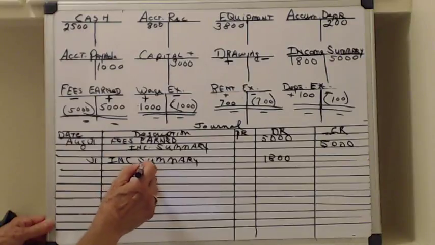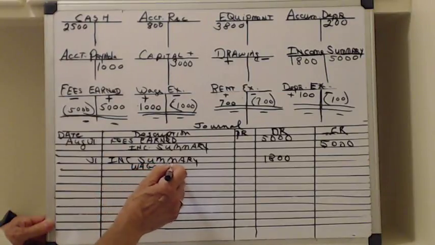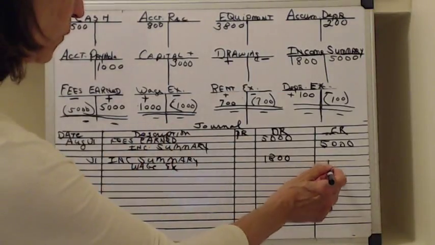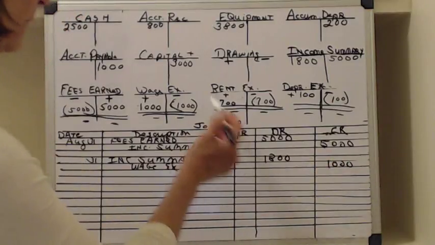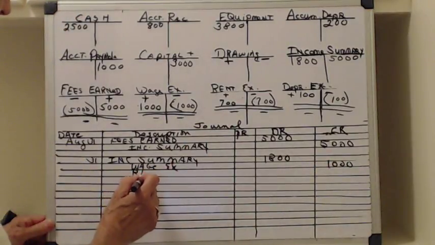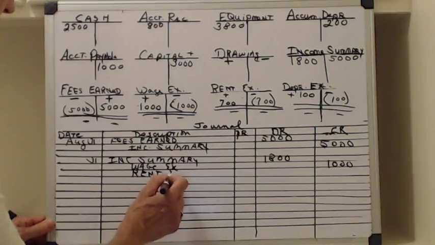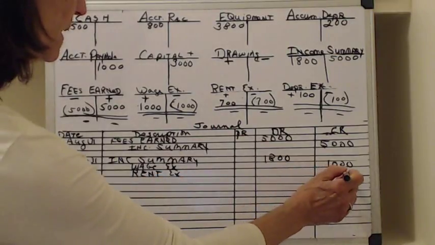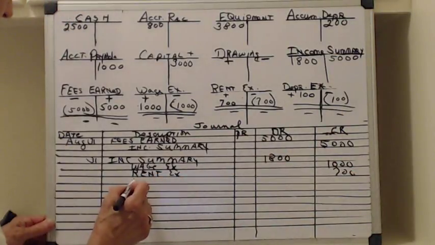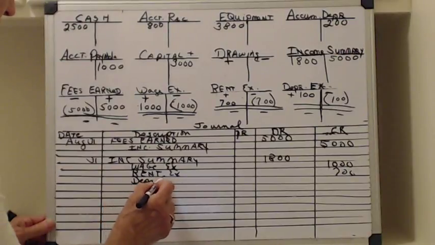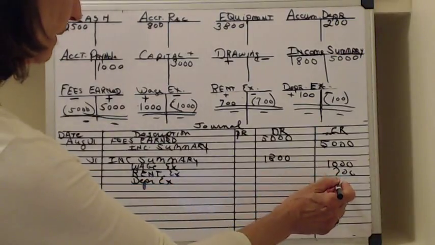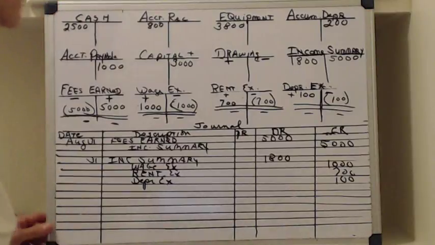I have wage expense, which is a credit of 1,000. I'm going to have rent expense, a credit of 700, and depreciation expense, a credit of 100. All right, so now I've journalized my second closing entry.